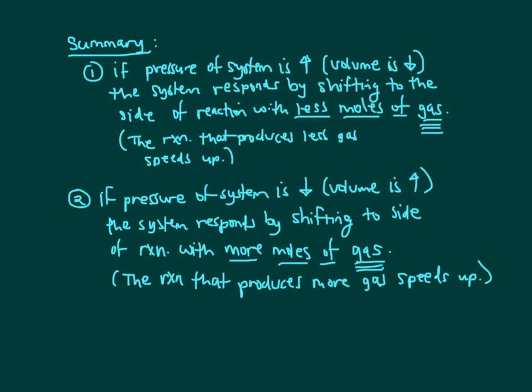So the reaction would speed up in whatever direction would produce less moles of gas. If the pressure of the system is decreased, which means you're increasing the volume, the system responds by shifting to the side that creates more moles of gas because you've provided more space. So it's going to speed up the reaction that produces more gas.